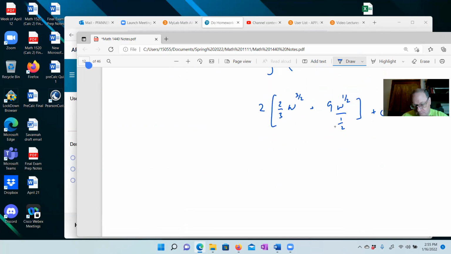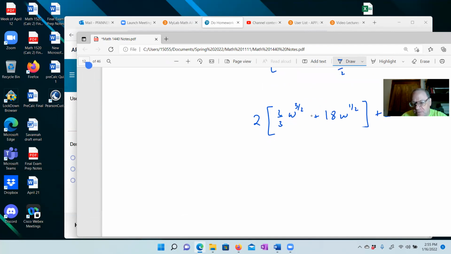Okay, so we're going to have 2 times 2/3 w to the 3/2 plus 18 w to the 1/2 plus c. So to finish this guy off, we're going to have 4/3 w to the 3/2 plus 2 times 18 is 36 w to the 1/2 plus c, and that's going to be our answer for this thing.